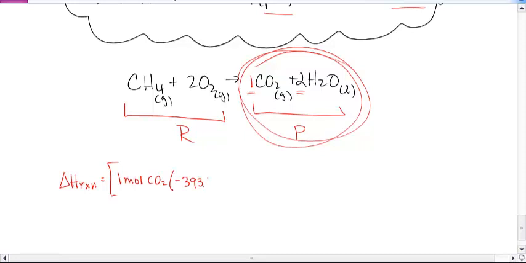Negative 393.5. Now remember, the units from that table are kilojoules per mole, right? So you can see that my moles will cancel. So this is for the carbon dioxide. That's what I'm doing right now. Now go ahead. But I have to add together the other products, and I have 2 moles of water. Can you find the heat of formation of water as a liquid?